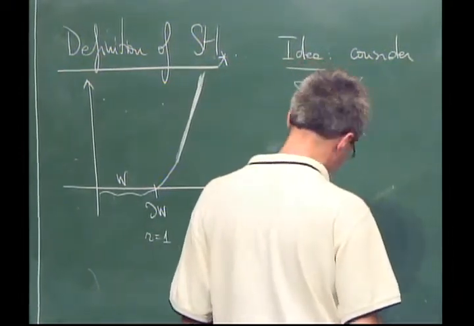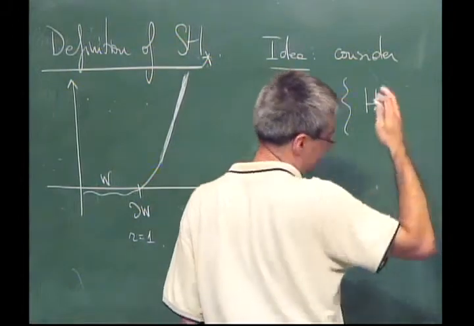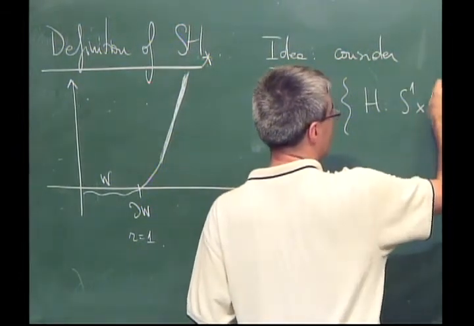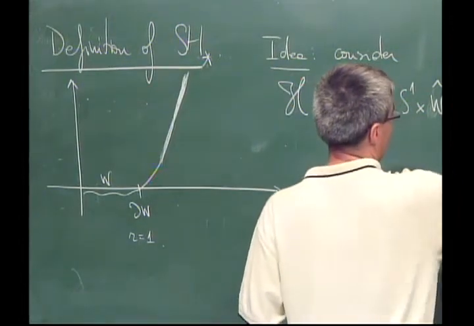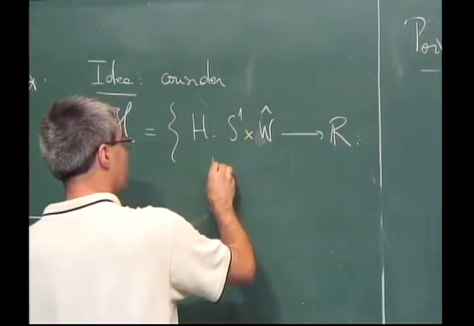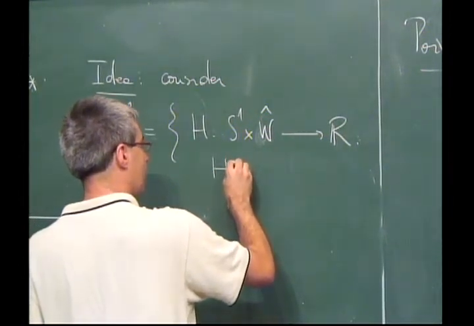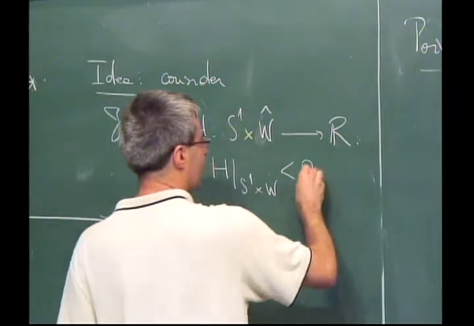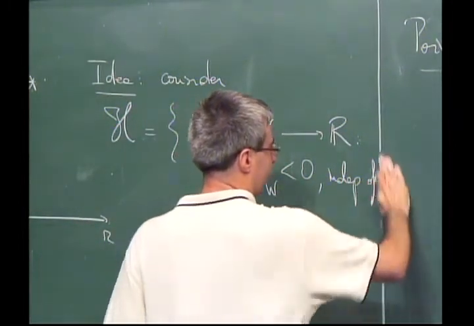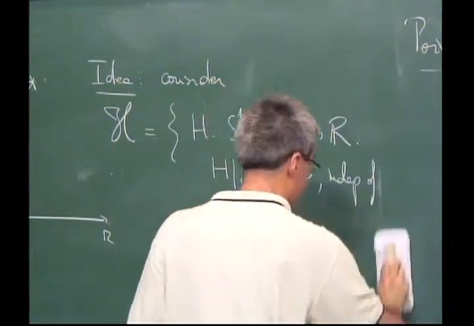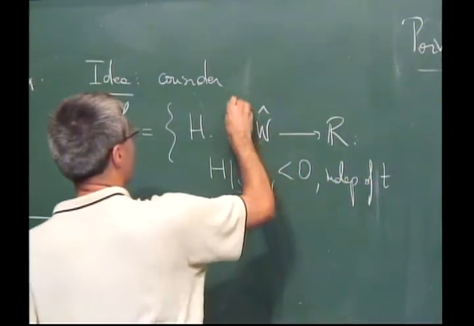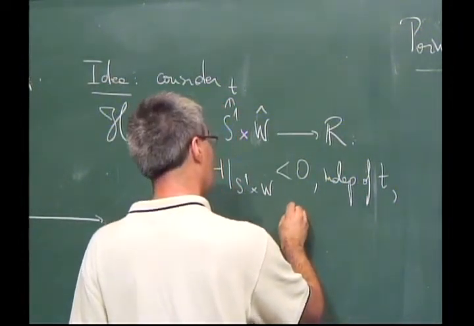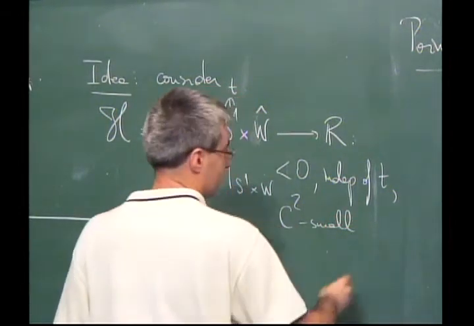Hamiltonians which, for the purposes of Floer homology, can be thought of as being time-dependent but periodic in time, such that restricted to S1 cross W, it's negative, independent of time, t is the variable here, and C2 small, a Morse function.